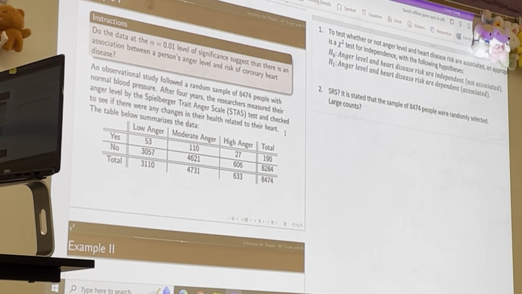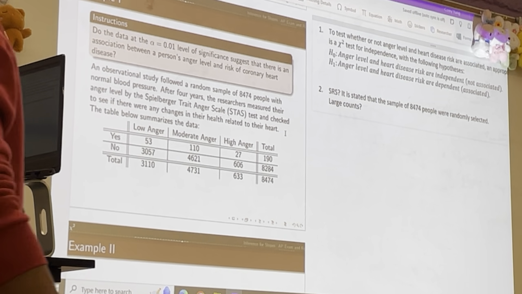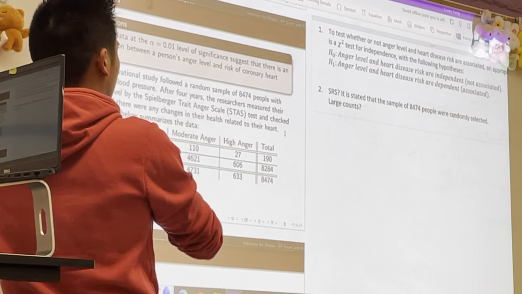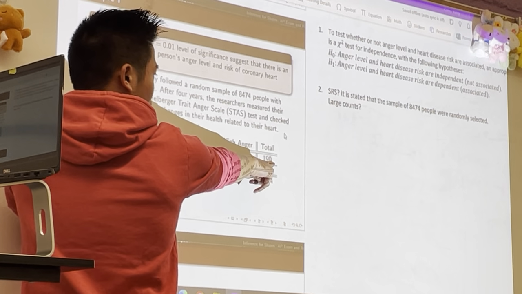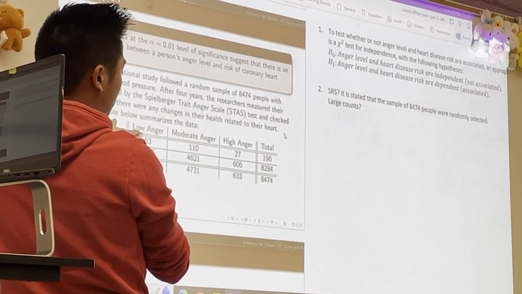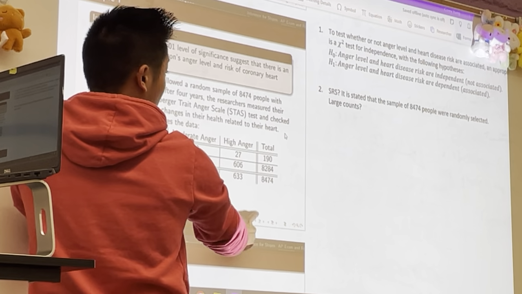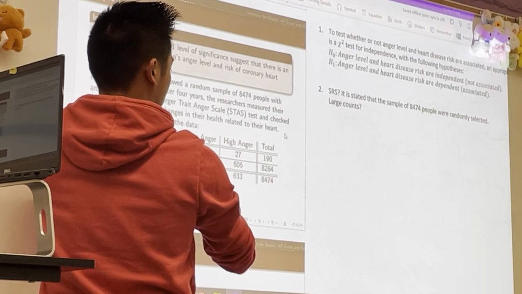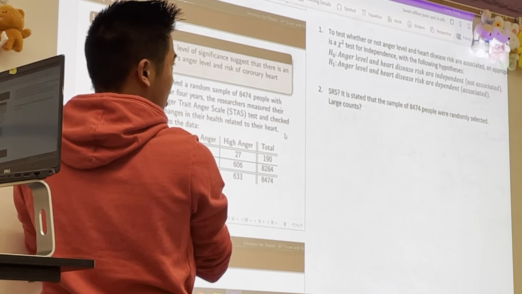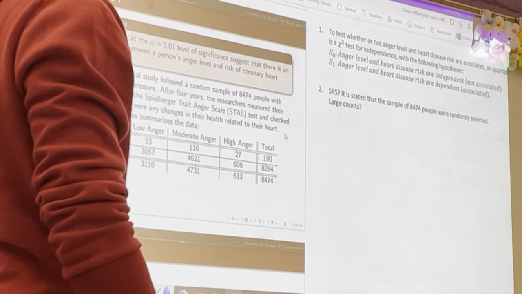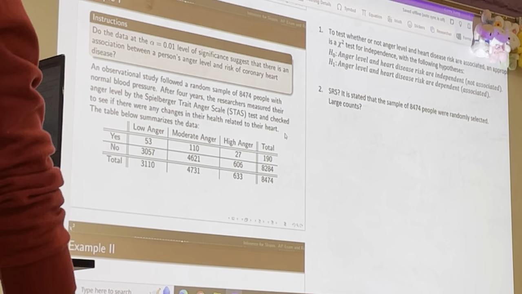So normally you would just have to say, okay, for this cell right here, I would have to multiply this row sum, 190, with this column sum, 3,110, and then divide it by the n right there. You do this, again, across all cells. But luckily for us, a calculator will actually do that for us, all right?